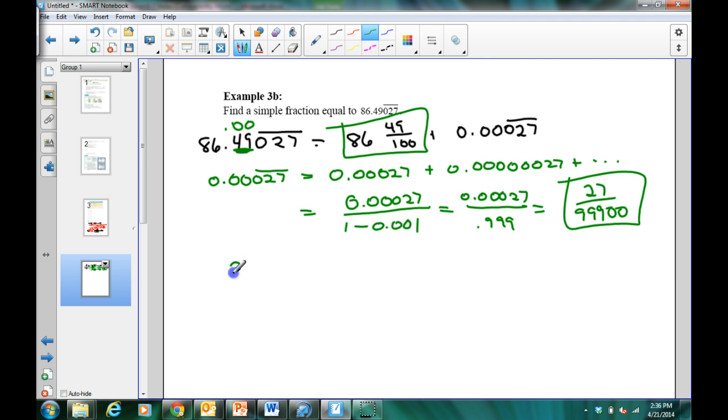So we have 86 point and 49 100ths, plus 27 over 99,990. And if I were to put all these into a mixed fraction, it would be 8649 over 100.